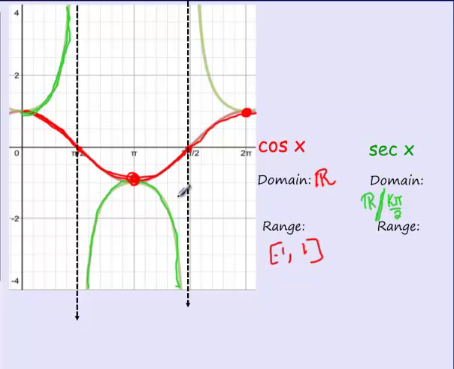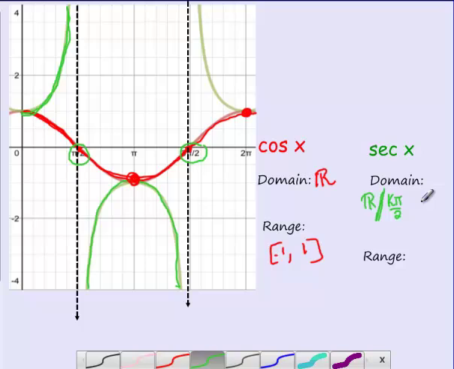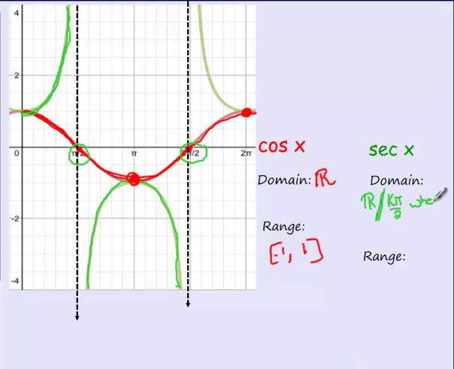Notice every time it's a pi over 2 where it's undefined. And we learned yesterday that k is an odd integer. So that means, notice this is 1 pi over 2. This is 3 pi over 2, and it's going to be undefined later on at 5 pi over 2. And if you notice too, it goes defined, undefined, defined, undefined, defined, undefined.